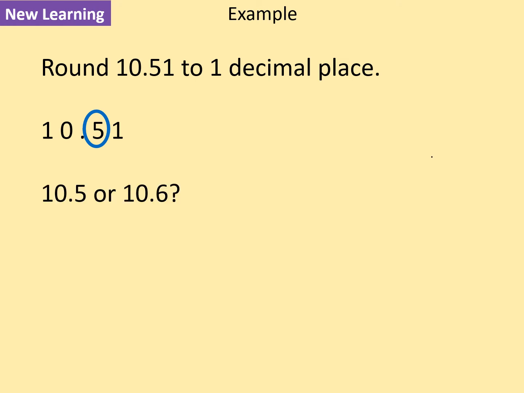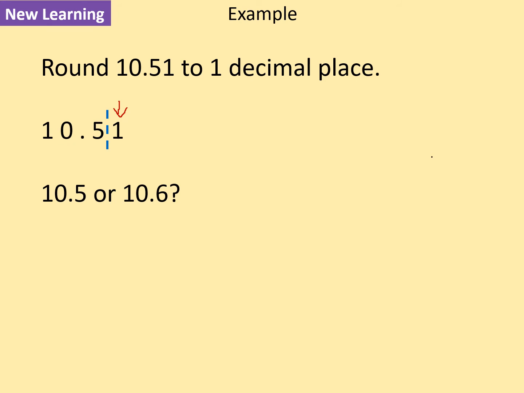So is it going to be 10.5 or 10.6? Let's have a look. I'm going to look at the digit after the one I'm rounding to. In this case, it's the 1 here. So remember, if it's 5 or more, let it soar. So it's actually rounding up.